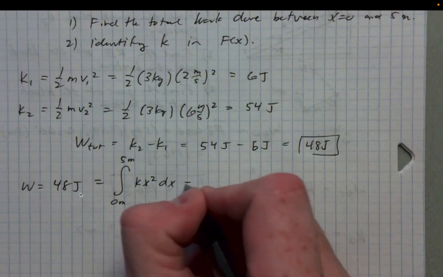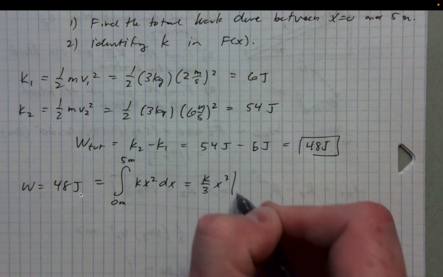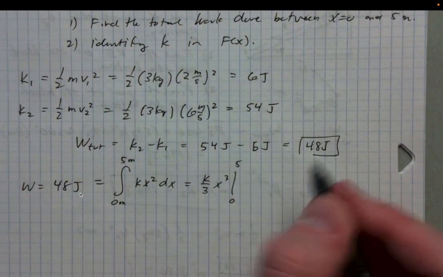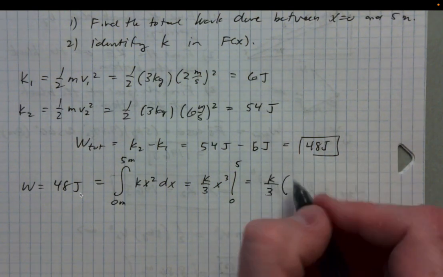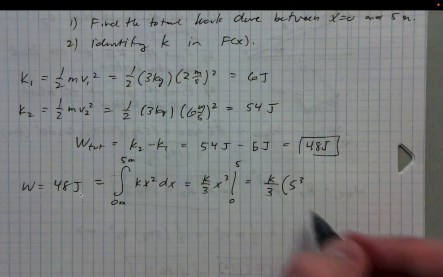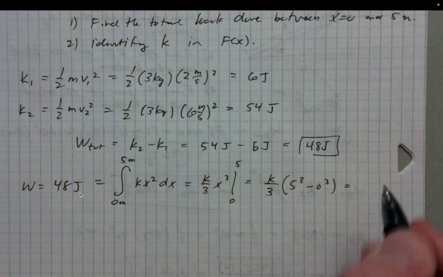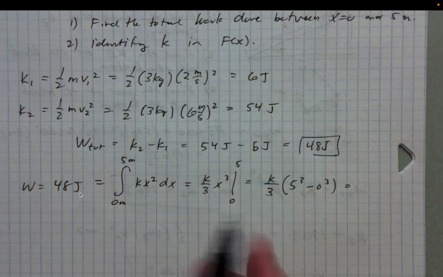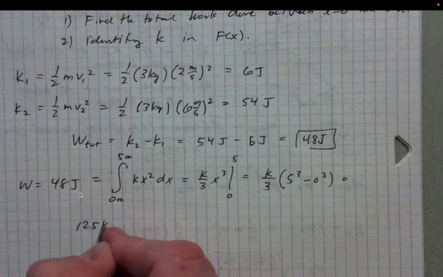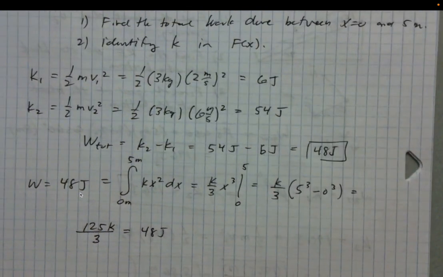Okay, so this is a super easy integral. This is just k over 3 x cubed, and then from 0 up to 5. And so we can calculate this real quick as k over 3 times the quantity 5 cubed minus 0 cubed. And so what we see here is that 125k over 3 is equal to 48 joules.